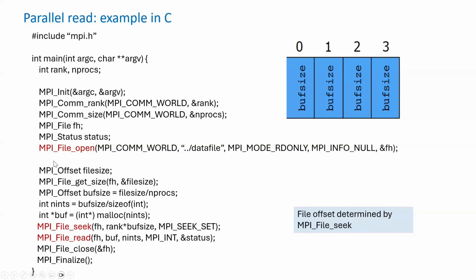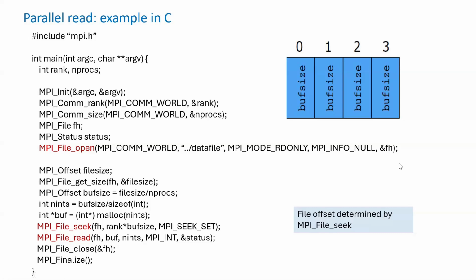So what this piece of code is going to do is, say we have a data file, right? And assume we use 4 processors to do it. And then the total data size is like this. And then hopefully we can divide it into 4 different buffers, and certainly you have a way to do it.